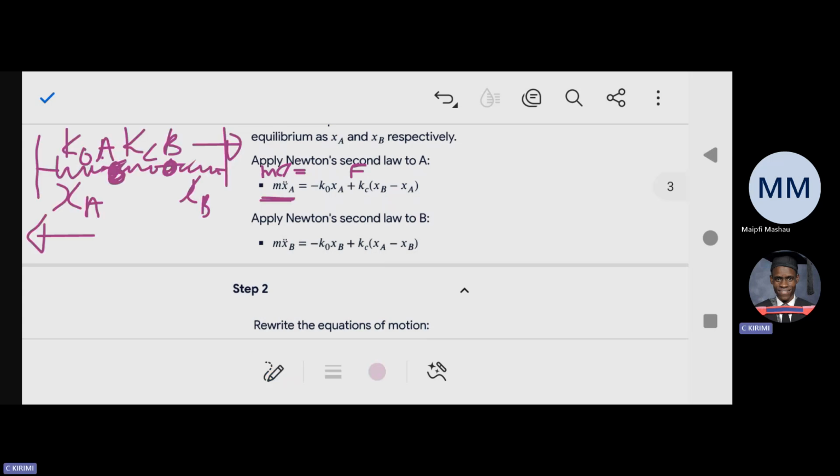But yeah, let me use here what is given. The spring constant negative direction, K0, the spring constant multiplied by X.